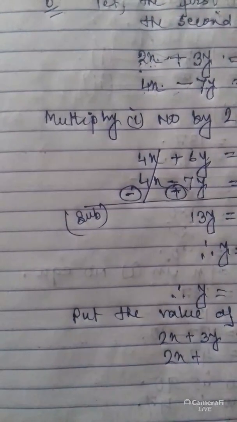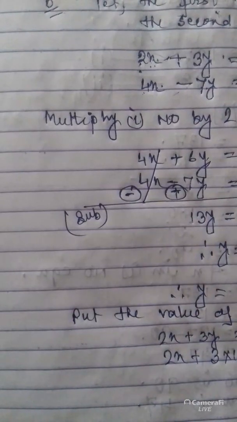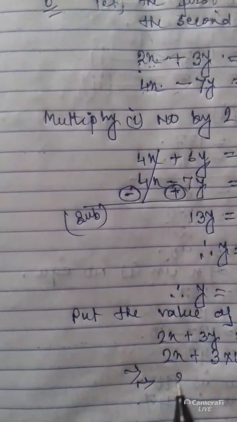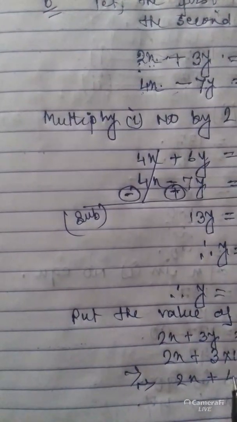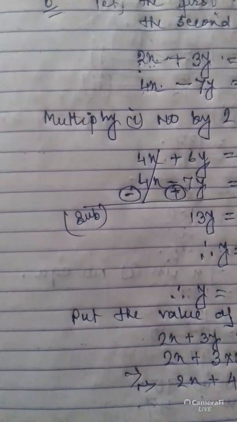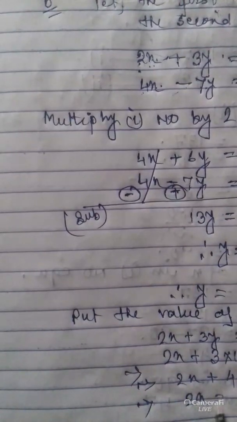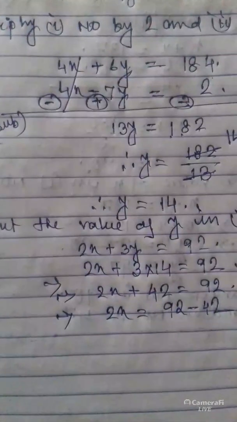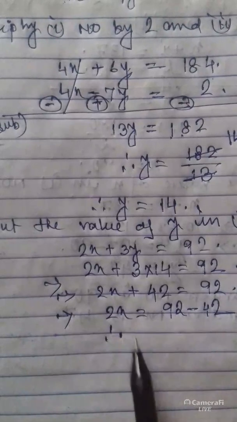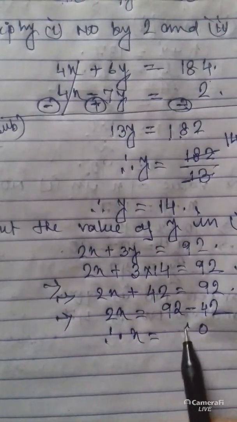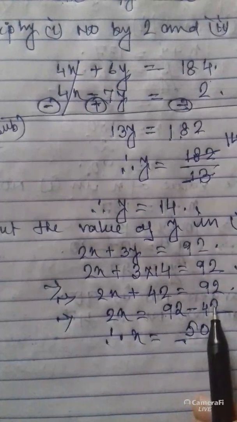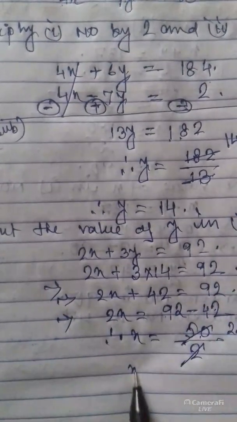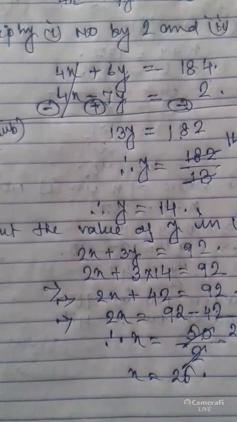So 2x plus 3 into 14 equal to 92. 2x plus 42 equal to 92. Again 2x equal to 92 minus 42. Therefore x equal to 50 by 2, since 92 minus 42 means 50. It's 25. x equal to 25.